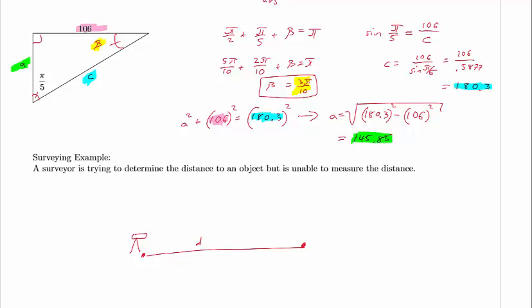So what he's going to do is have one of his guys stand with a rod that he can measure the angle from, and this will be a known distance off. We'll call this distance B. Here's this guy holding it so he can measure it.